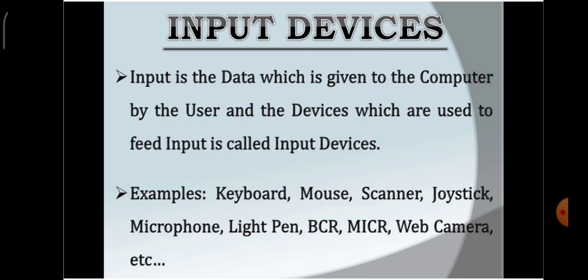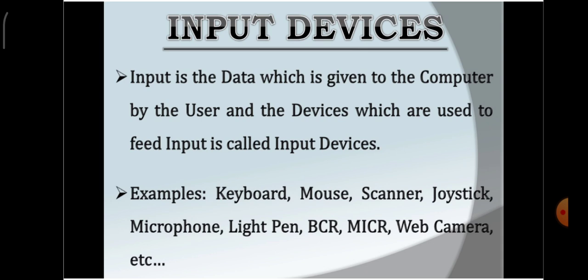Input devices. Input is the data which is given to the computer by the user, that is you. And the devices which are used to feed input is called input devices. You divide that word into 2. Input is one which you give, and the device is what recognizes it.